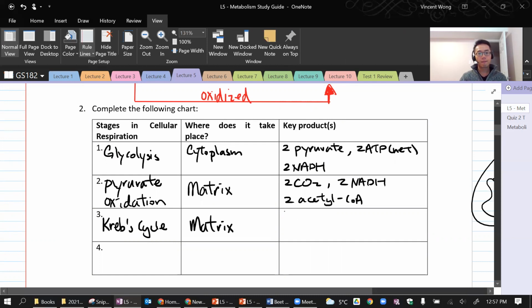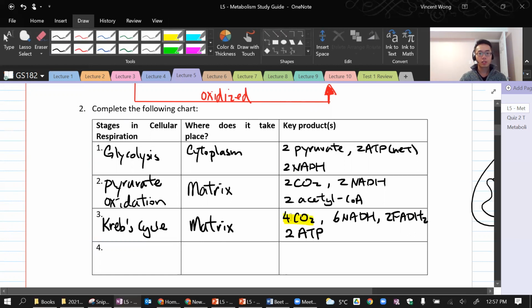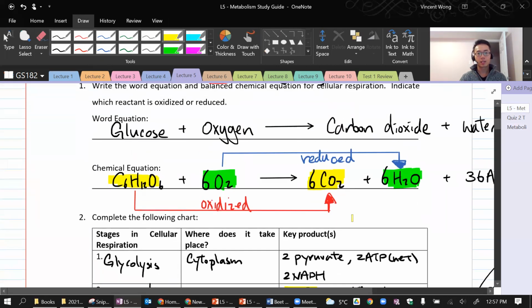And we will get 4 carbon dioxide, 6 NADH, 2 FADH2, and then we will get 2 ATP as well. Okay, so by now we have generated the 6 carbon dioxide, right here, 6 carbon dioxide.